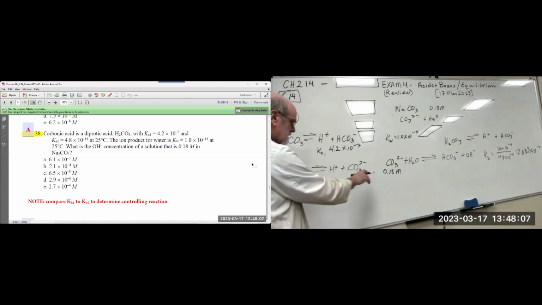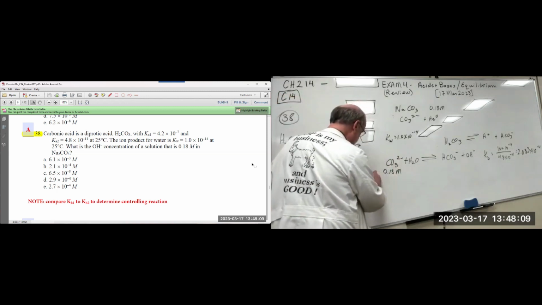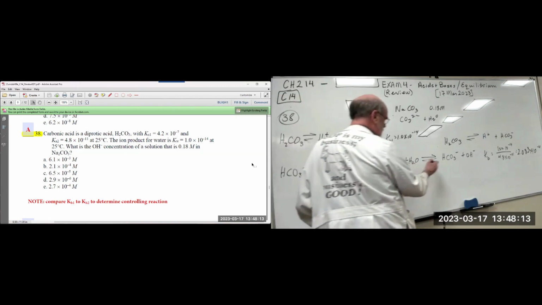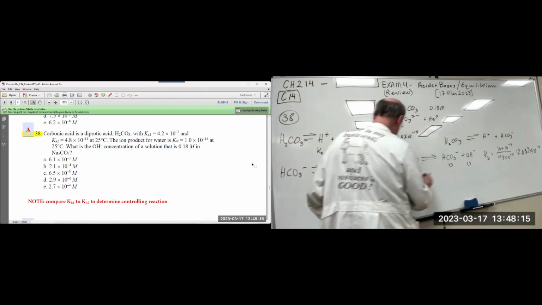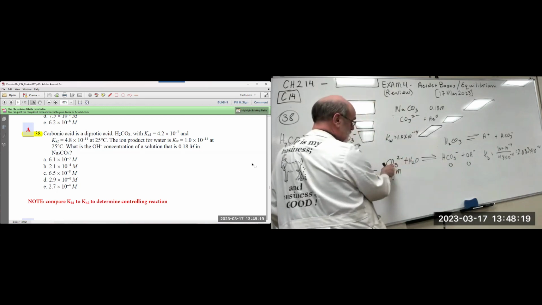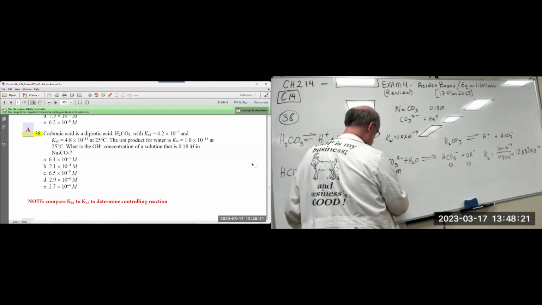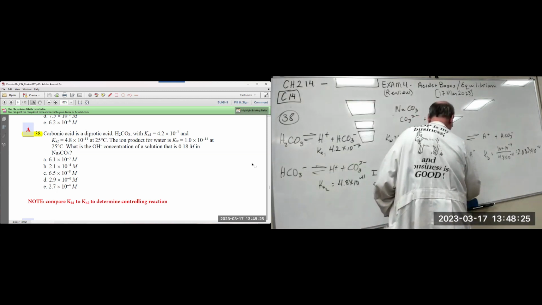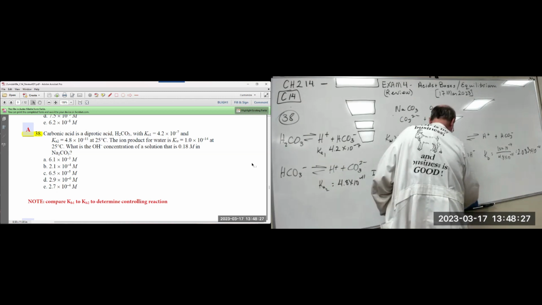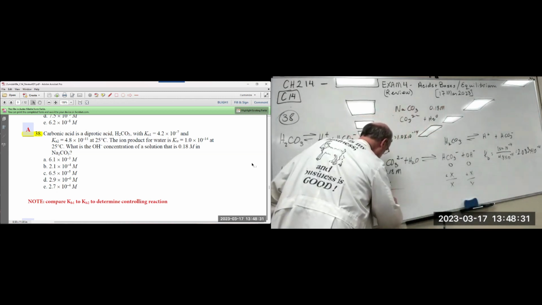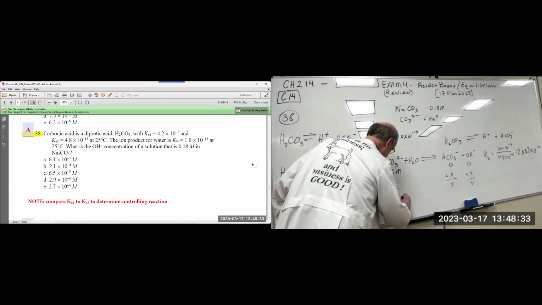All right, so we got that. So this is our ice table right here. We've got none of this, none of that. So we're going to lose some of this because this is a very strong base. Minus X, this is going to be X, and this is going to be X. So we're going to have an X here and an X here, and 0.18 minus X there.